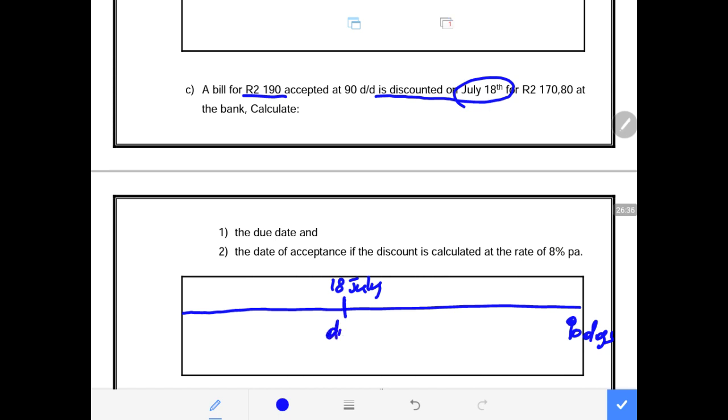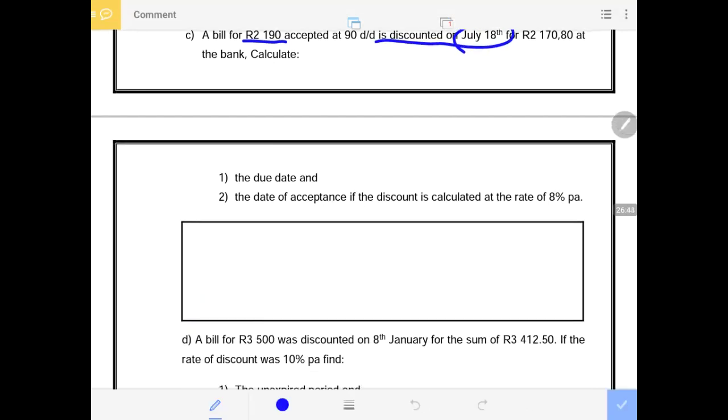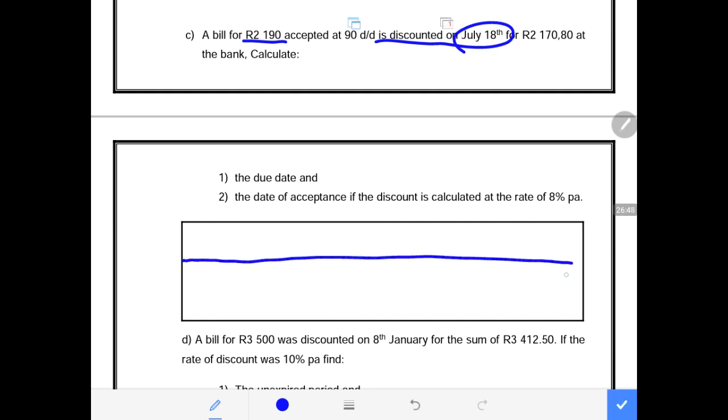We don't know the date the bill was accepted, but we know that somewhere on the 18th of July the bill was discounted.